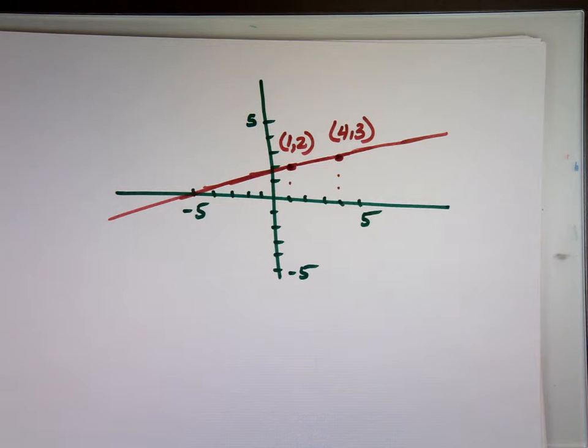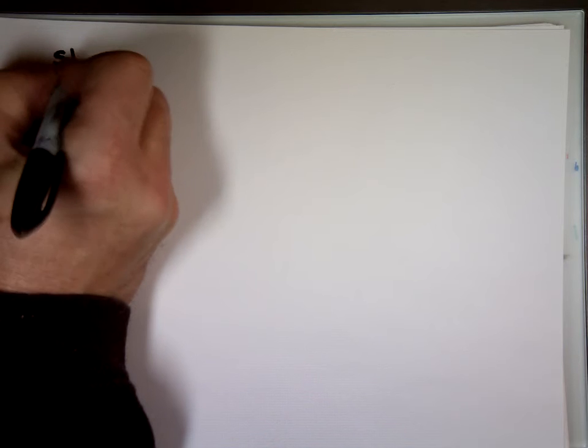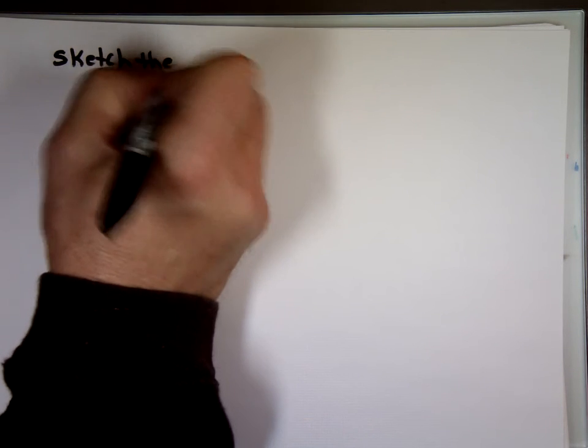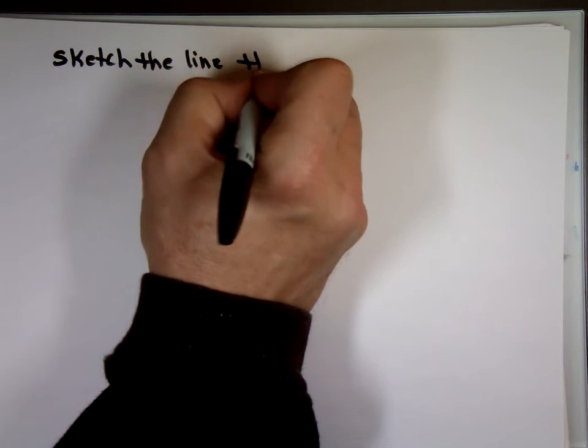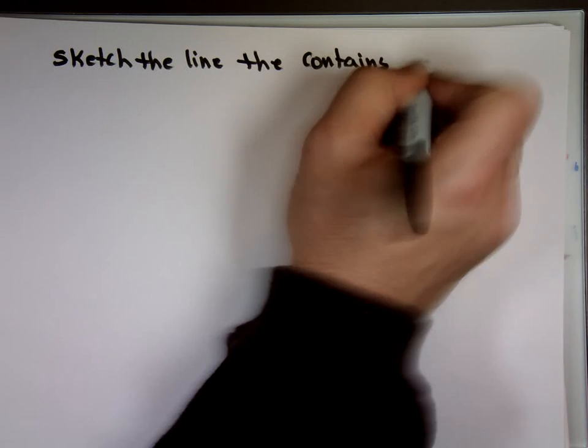Okay, let's try another one. So that's a positive slope. Let's look at negative slope. Sketch the line that contains the points.